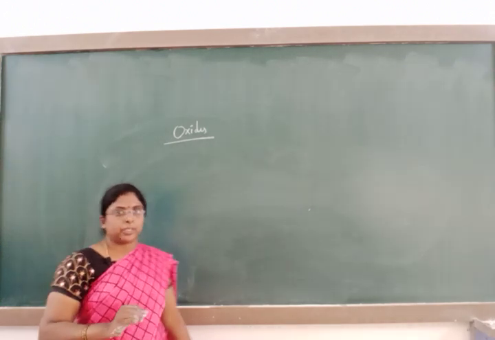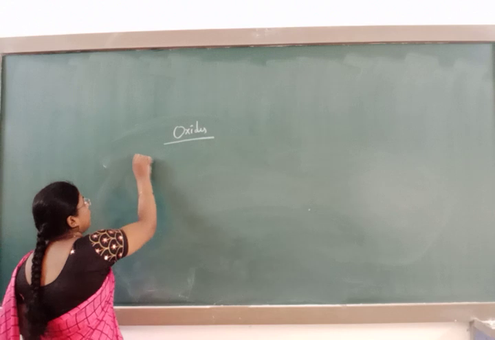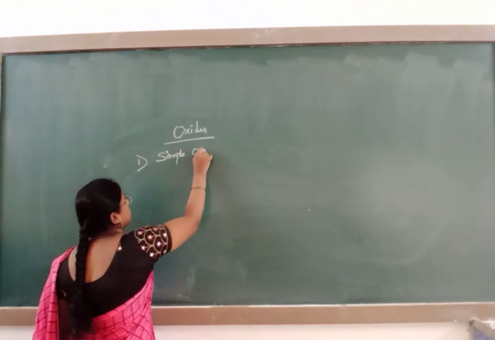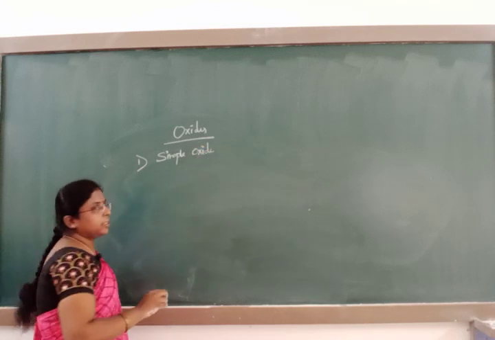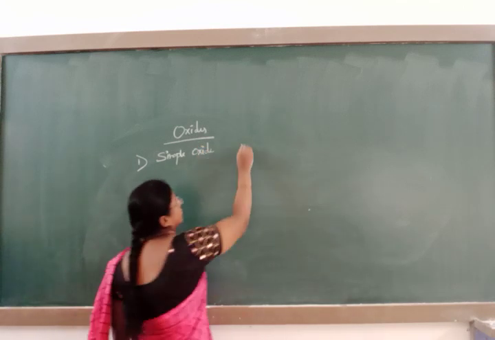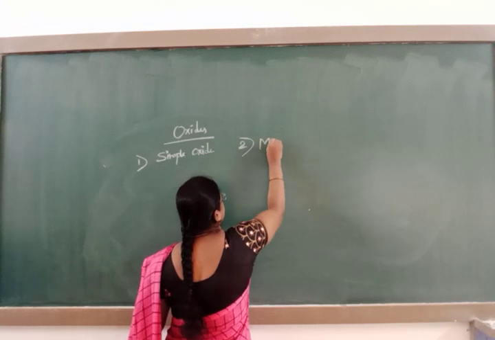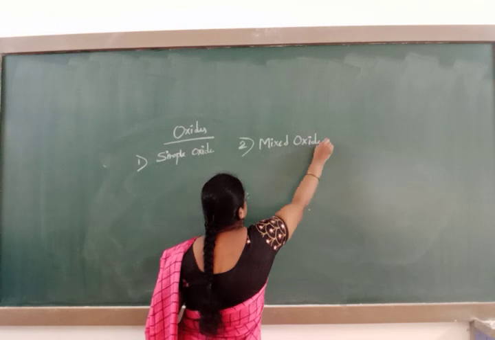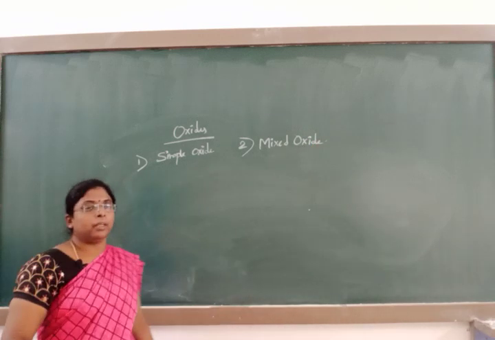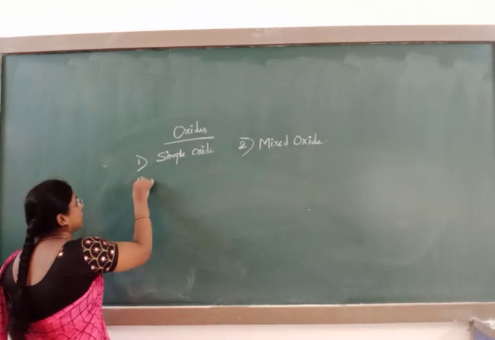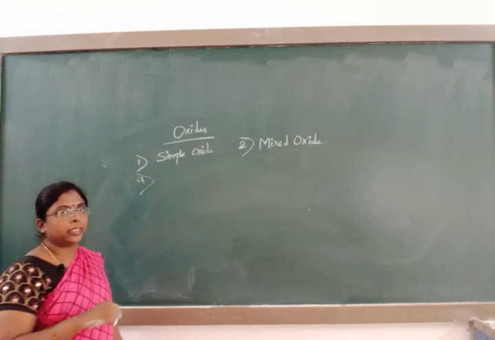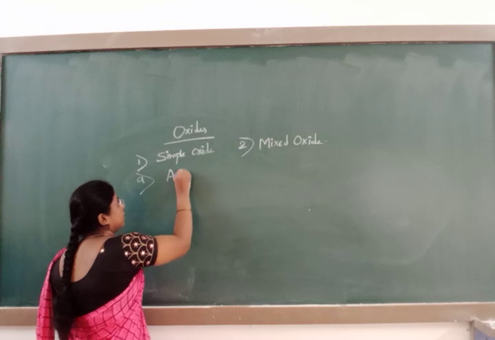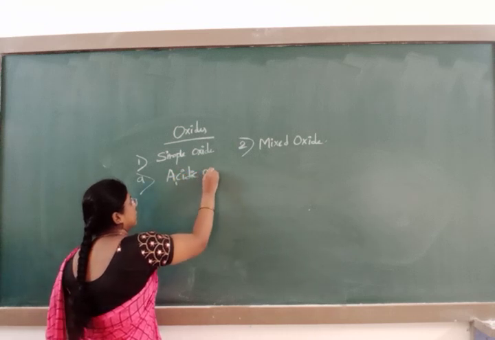Oxides are of two types: one is simple oxide, the second is mixed oxide. In simple oxides, you have different types. First among the simple oxides is acidic oxide.